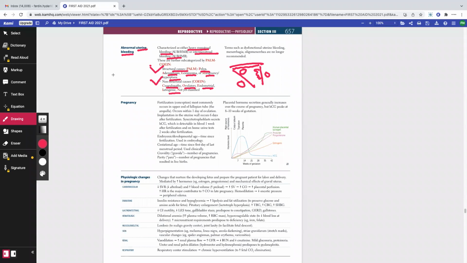It's a leiomyoma. Okay, very good. Let's say you have another sort of pathology where a female comes to you with an enlarged, retroverted, boggy uterus and excessive uterine bleeding, but the enlargement of the uterus is more or less uniform. What is your diagnosis? Adenomyosis.